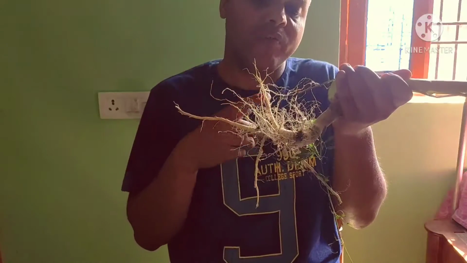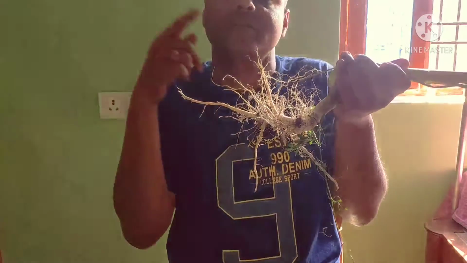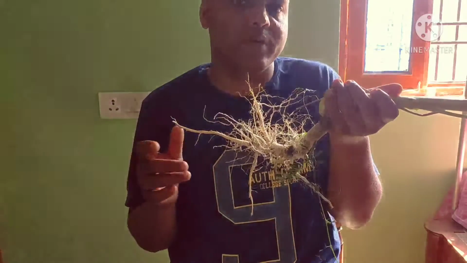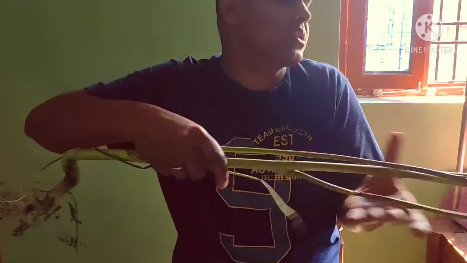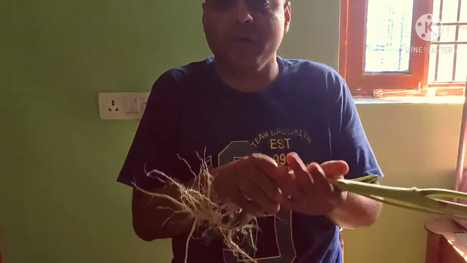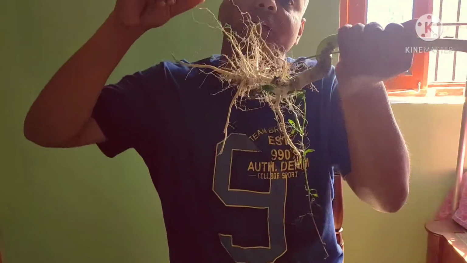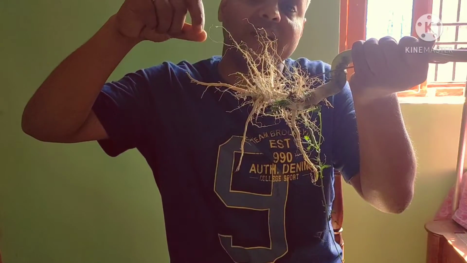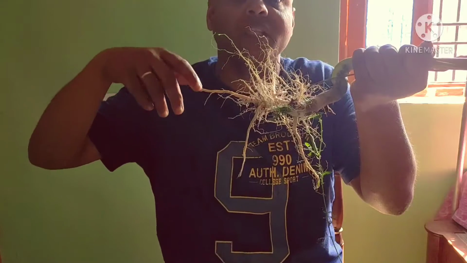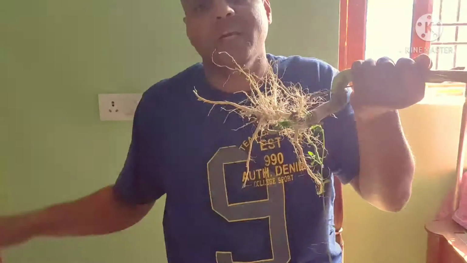Guys, for formation of this whole root system, auxin hormone is very important. Auxin hormone is in fact synthesized in all parts of this plant, but spatially the activity will be more in the region that is toward the gravitational force.